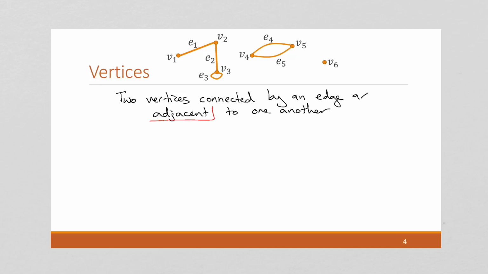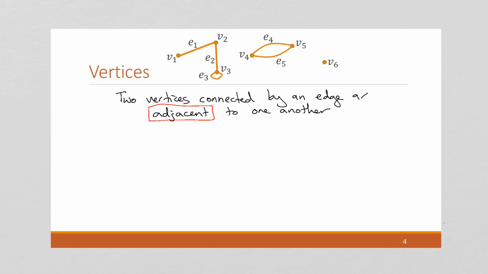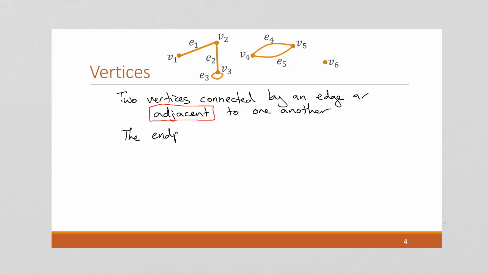Okay, and again, just like incident, where the edge is incident to its endpoints, we say two vertices are adjacent to one another via an edge. And the endpoint of a loop is then called self-adjacent.